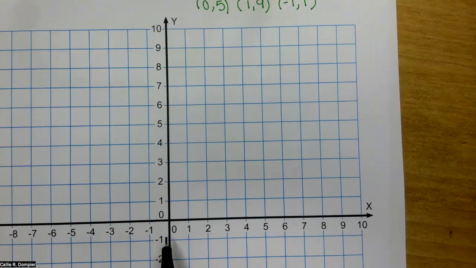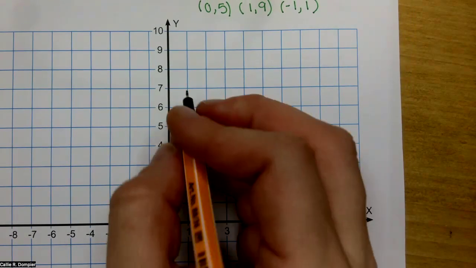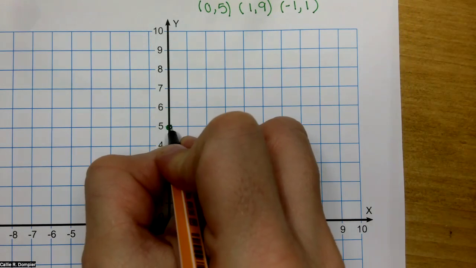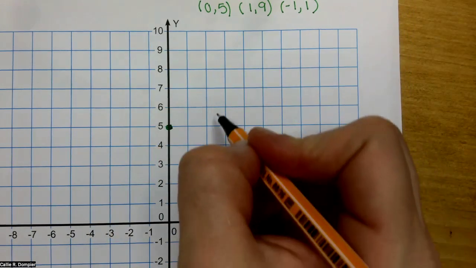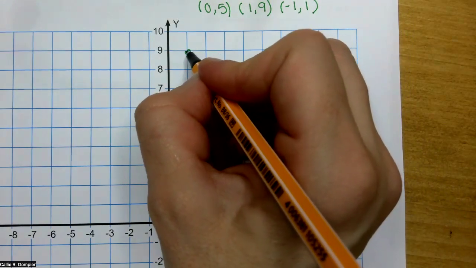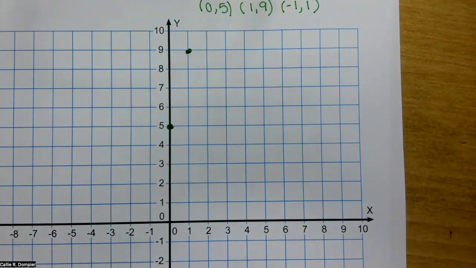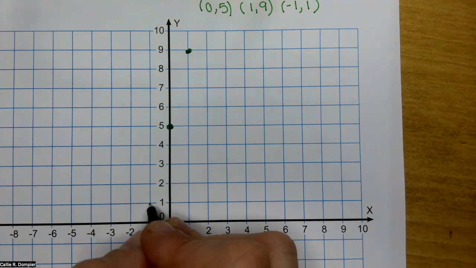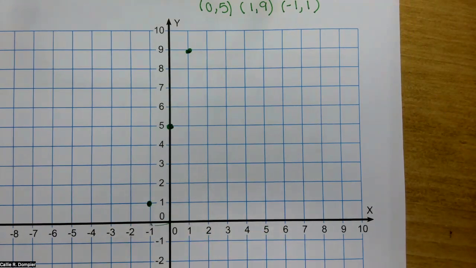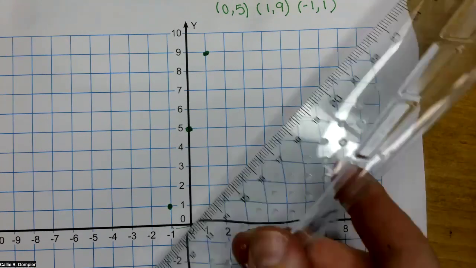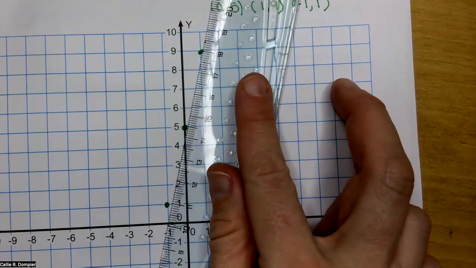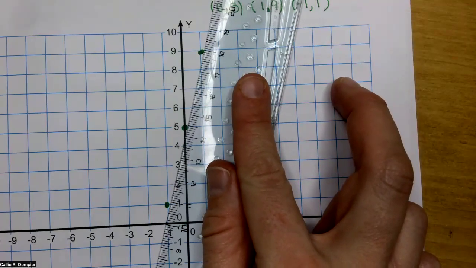Plot those. (0, 5) means 0 on the x, 5 on the y. Next one is 1 on x, 9 on y. And the third point they gave us was -1 on the x, +1 on the y. Now we can graph those. We just graph those by getting a straight edge and drawing a line.